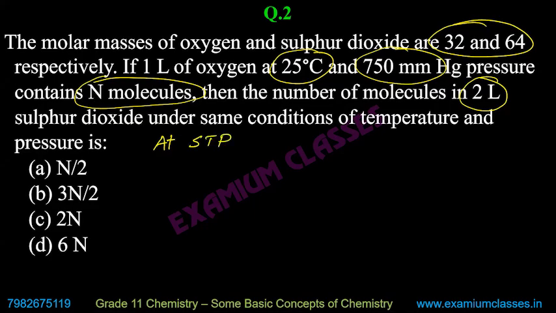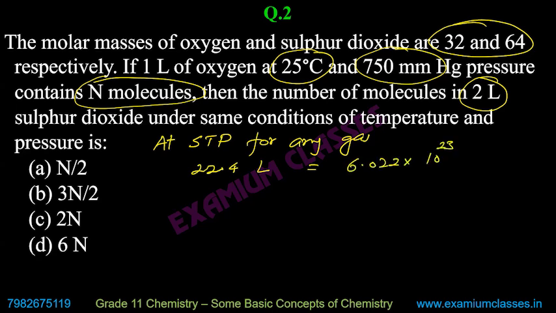At STP, we know that for any gas, whether it is nitrogen, oxygen, carbon dioxide, sulfur dioxide, 22.4 liters will have 6.022 into 10 to the power 23 molecules, or atoms if it is atomic.